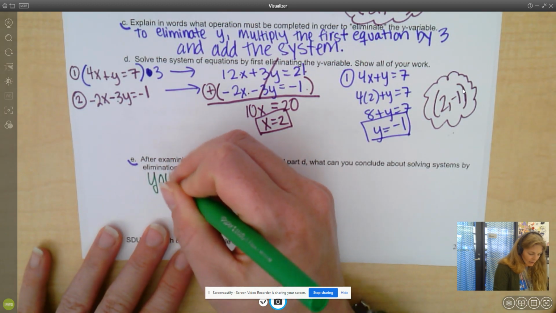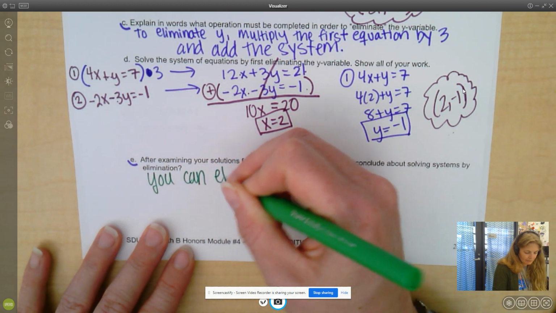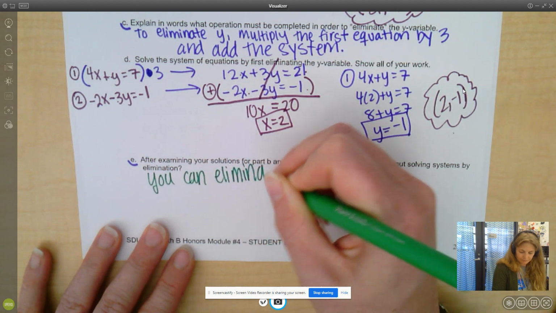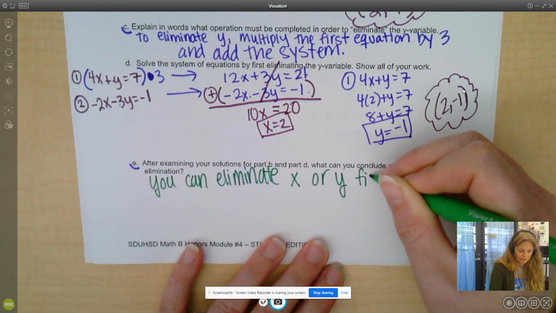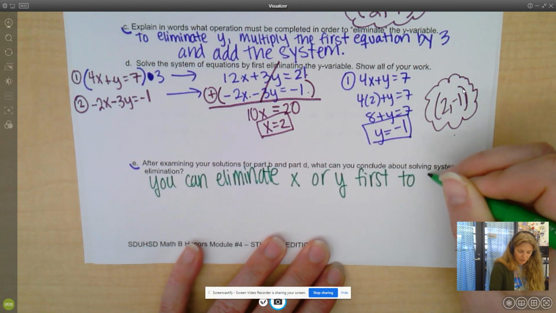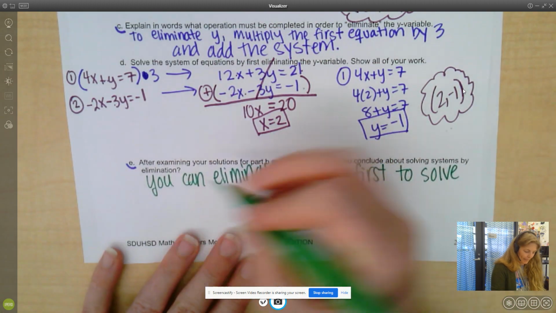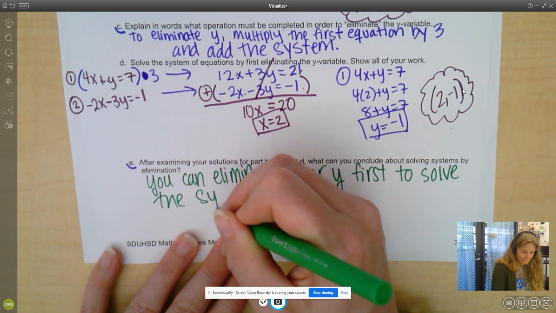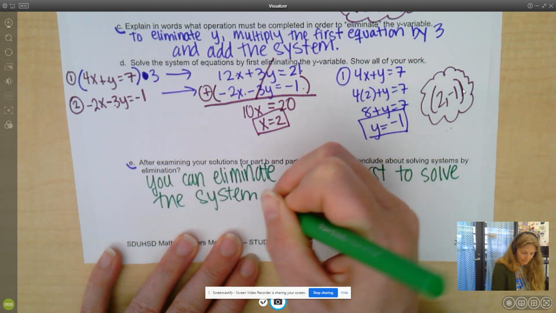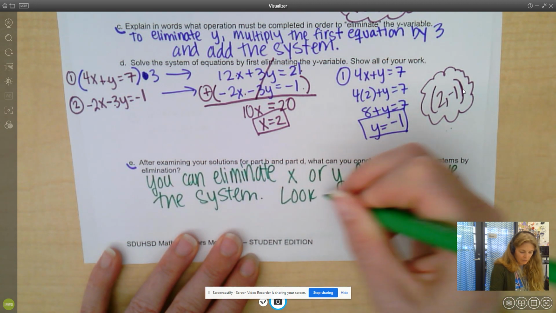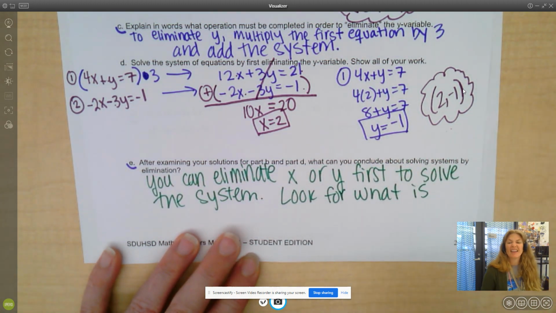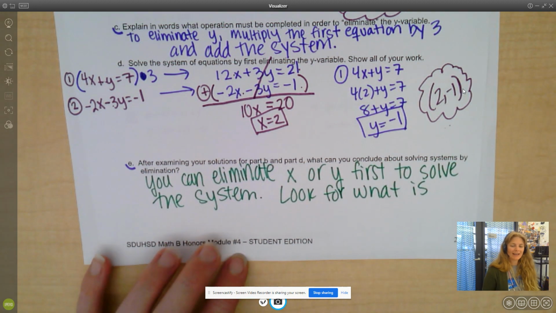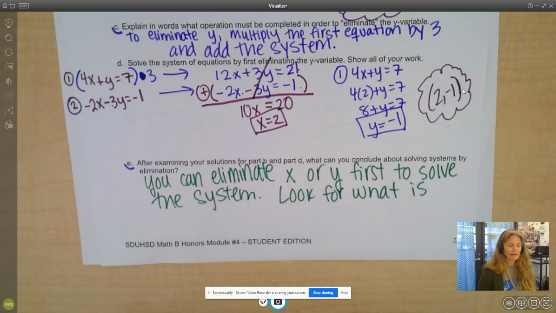So we can say you can eliminate x or y first to solve the system. Look for what is easier, but remember, we don't use the E word, easier, because that's all in comparison of what's easy.